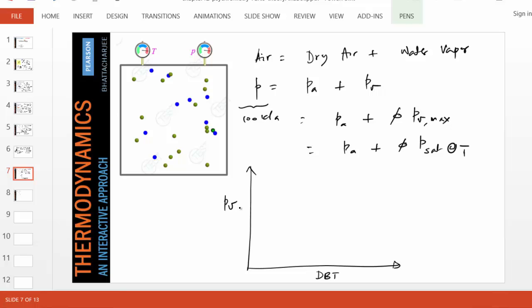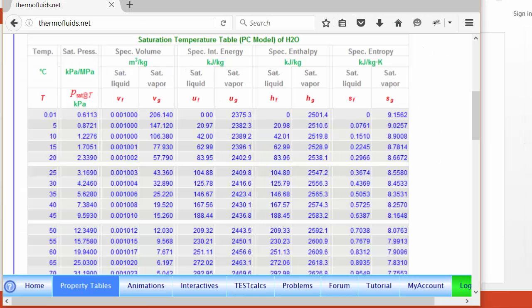Suppose the question is, in this diagram, how will the maximum vapor pressure line look? What does maximum vapor pressure mean? When the relative humidity is 100%. You recall that at a given temperature, the dry bulb temperature, we can find the maximum vapor pressure from the saturation table. So suppose the temperature is 40 degrees Celsius, then 7.38 kPa is the maximum vapor pressure.